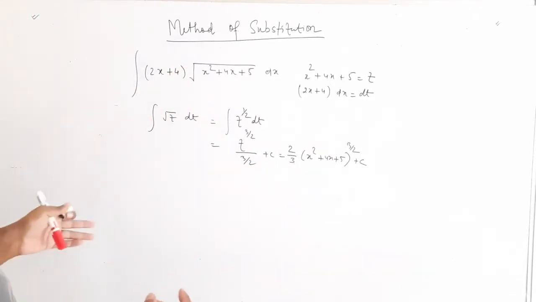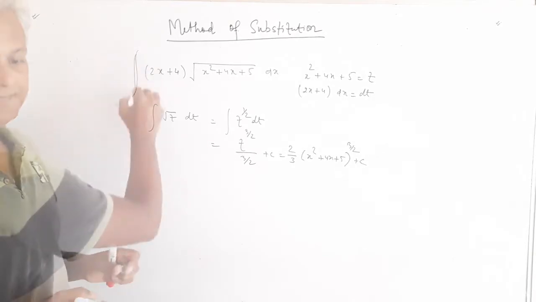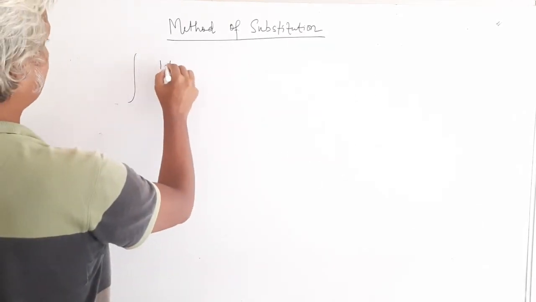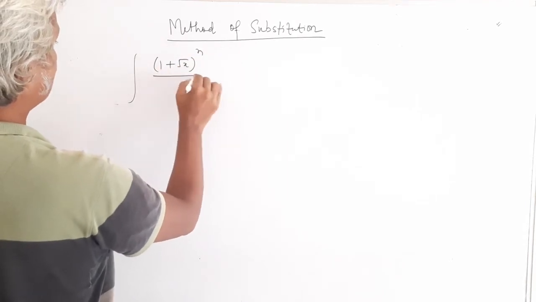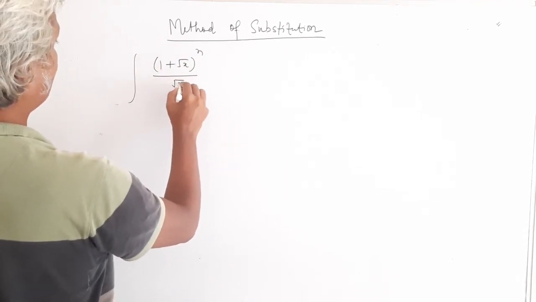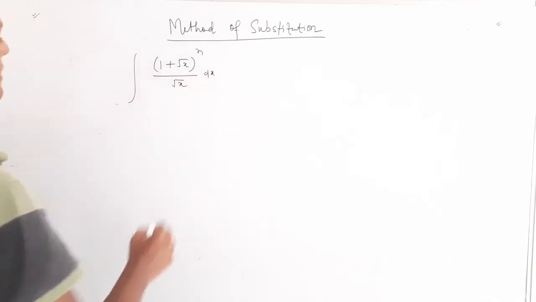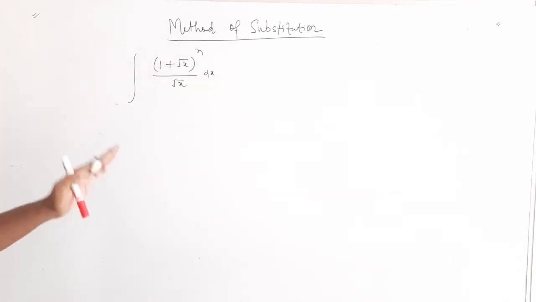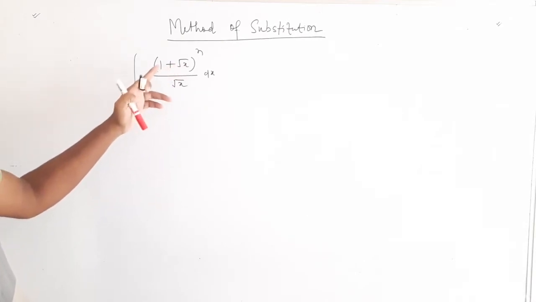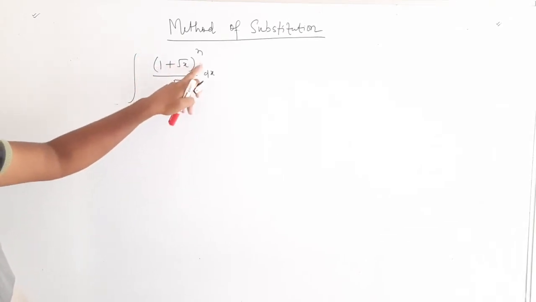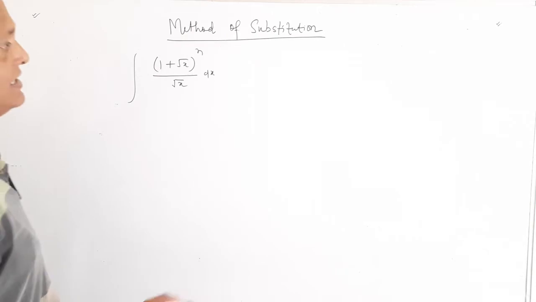Now I take some more questions. I take one more question which looks like this: 1 plus root x whole to the power n upon root x dx. Just as in the previous case you saw that the differentiation of 1 plus root x is 1 upon 2 root x, it means this is fitting the bill.